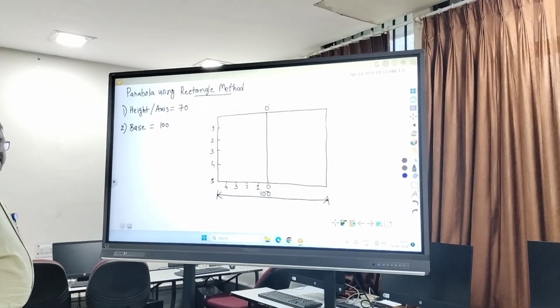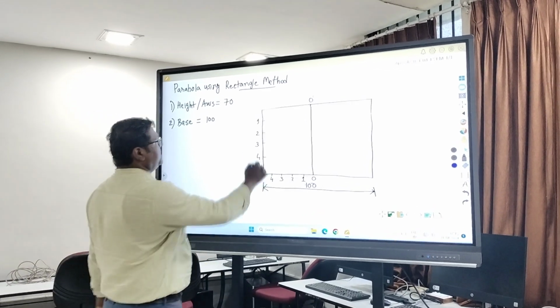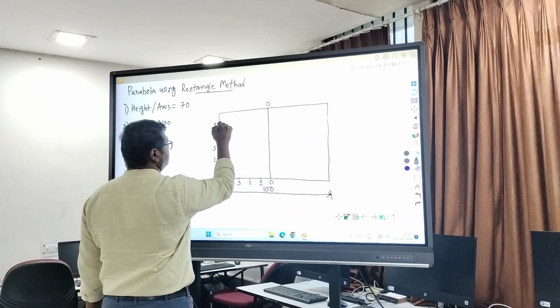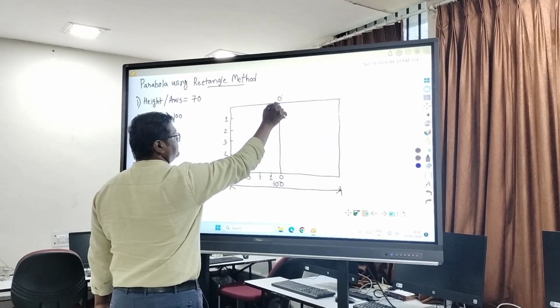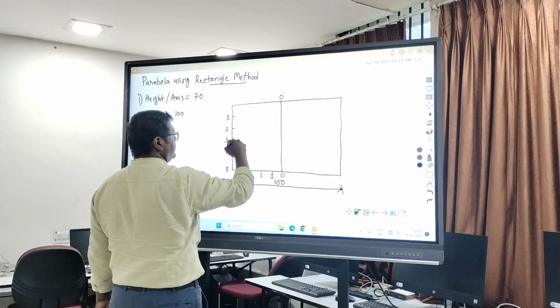The next step is to join the first point with this O dash, then the next point with O dash, and the remaining points.